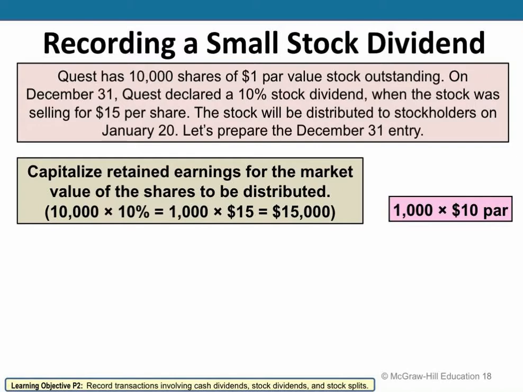What we're going to do is capitalize retained earnings for the fair market value of those shares. So 10,000 shares outstanding times 10% gives us 1,000 shares capitalized from retained earnings. Times $15 is 15,000. Of that, we have 1,000 times $1 for our par value.